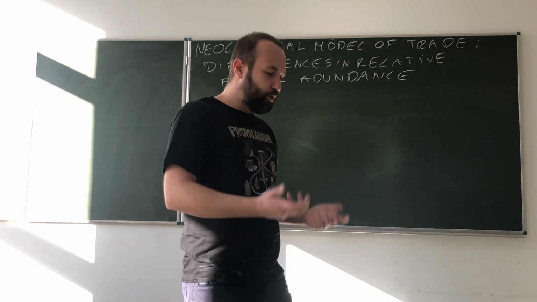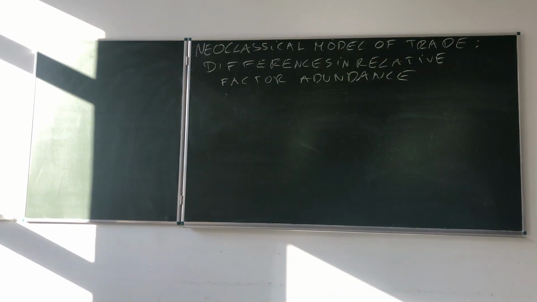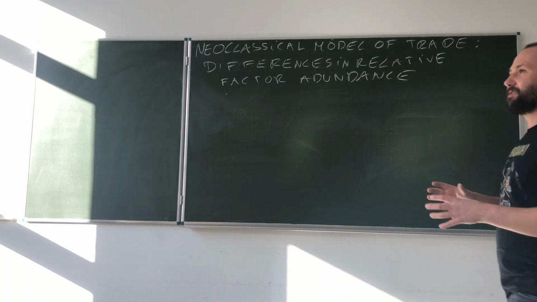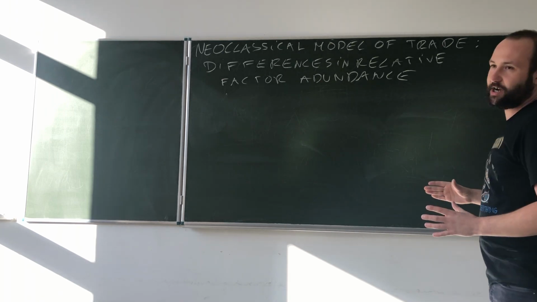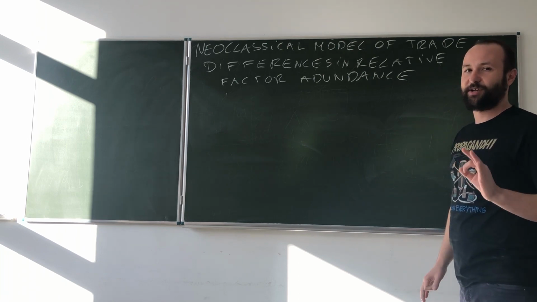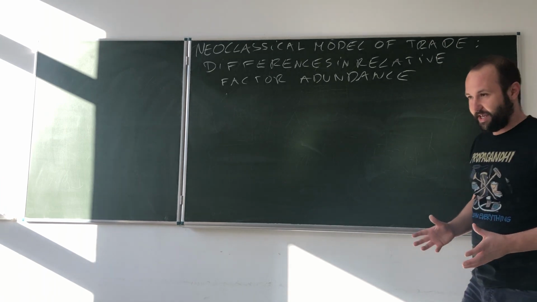But look, what we want to do here is to isolate the basic effects and channels that actually lead to trade between countries. And because of that, we can create this very restrictive construct that will allow us to check every channel in very much detail. But, of course, reality is way more complicated.